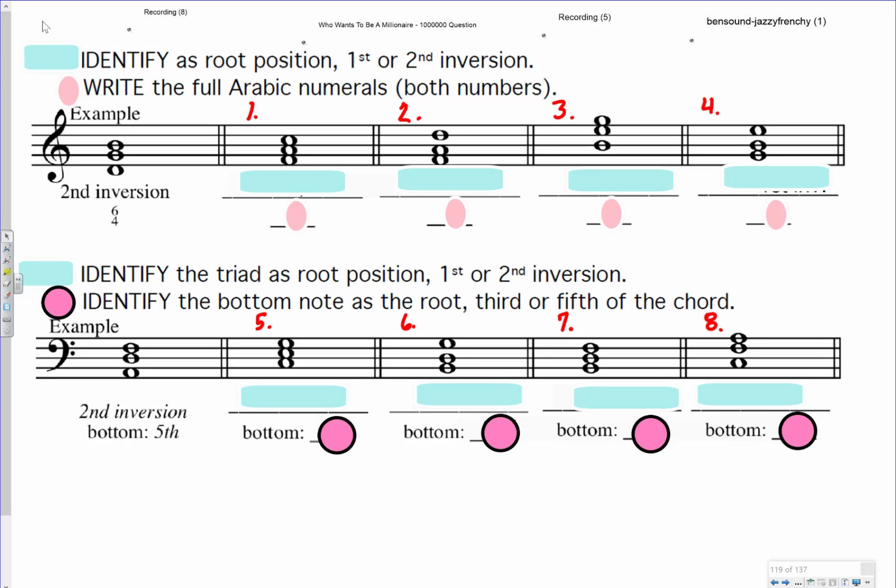For the questions in bass clef, we should identify each triad as root position, first or second inversion, and then, underneath that, identify the bottom note, that is, the lowest note, as the root, third, or fifth of the chord. I'm going to give you about 1 minute and 15 seconds to complete this. Good luck, college.